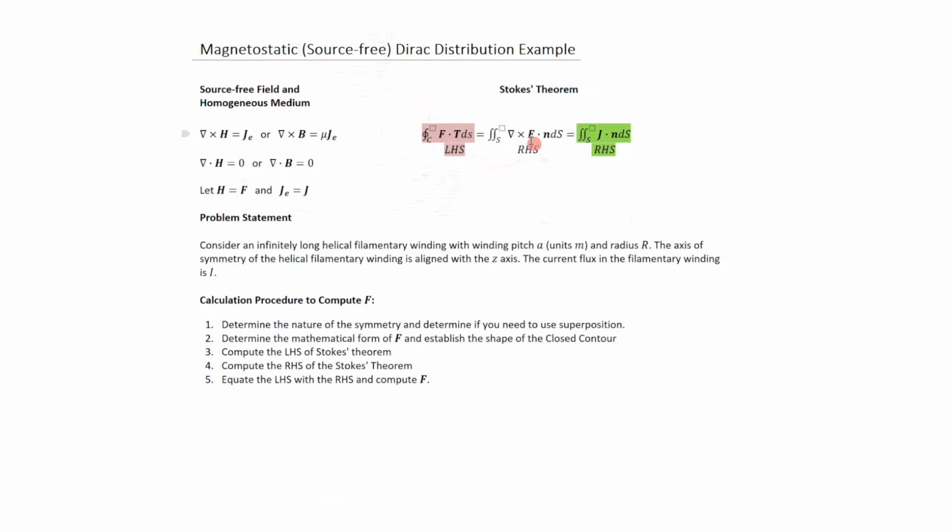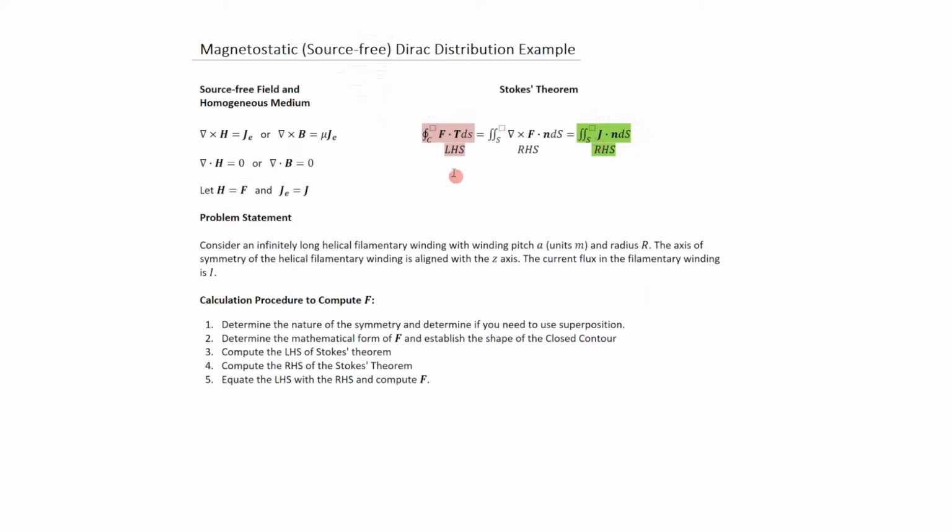Now, in our case, the curl of F is known. It's a given. It's J. That's part of the problem statement. And so then it just comes down to doing the calculation on the right-hand side. And again, we're going to try and make use of specific problems in that if we can choose the surface area vector to be in the same direction as J, that makes this calculation that much easier.